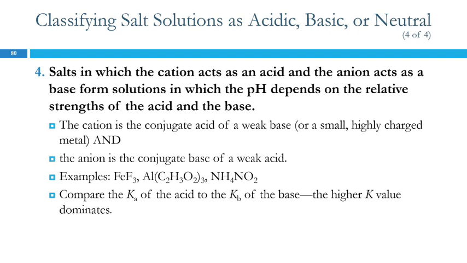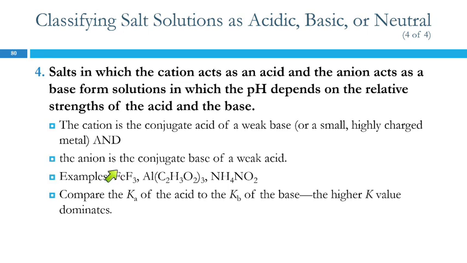It depends on who is stronger. So you have to look at the Ka of the acid and the Kb of the base. And whichever one is bigger is going to dominate. So just looking at these guys, we couldn't say it's going to be acidic or basic.